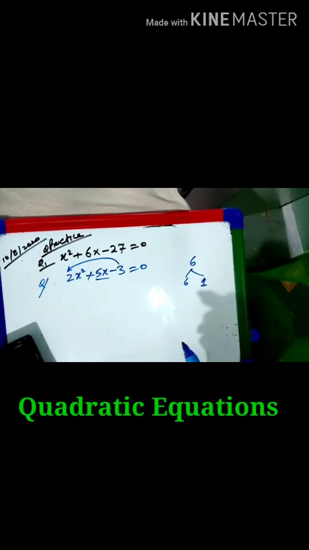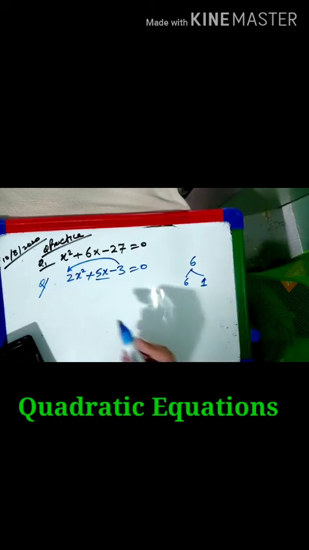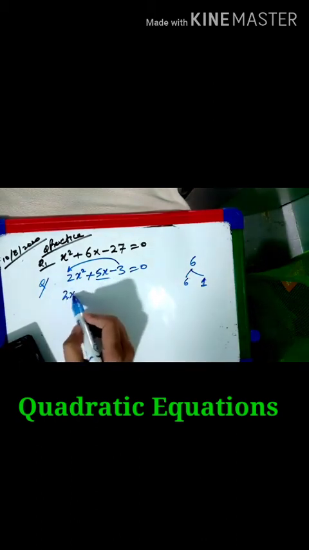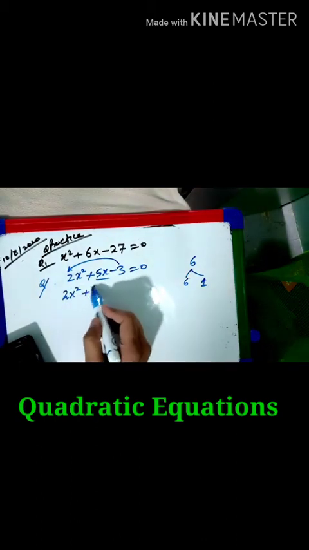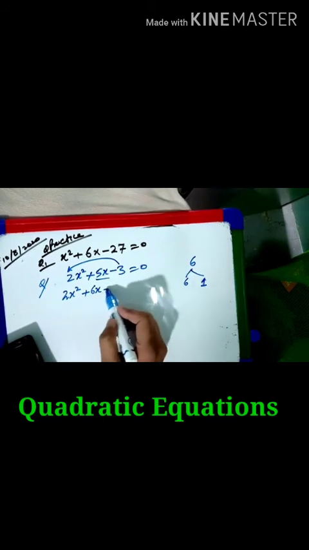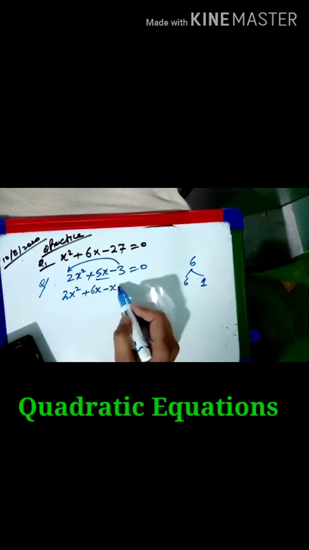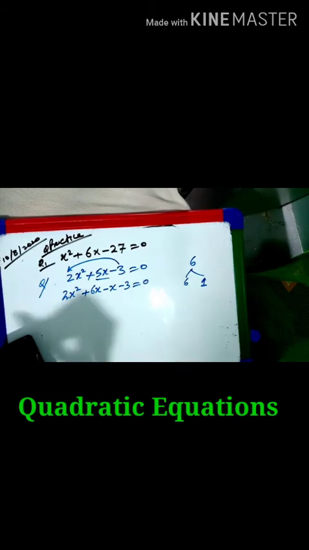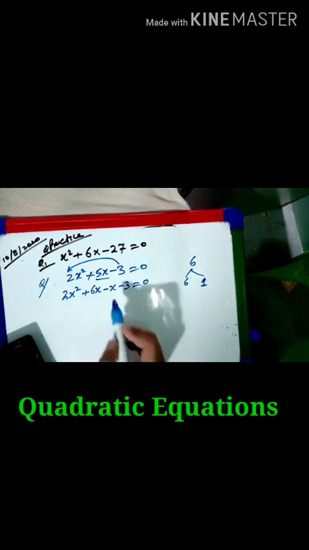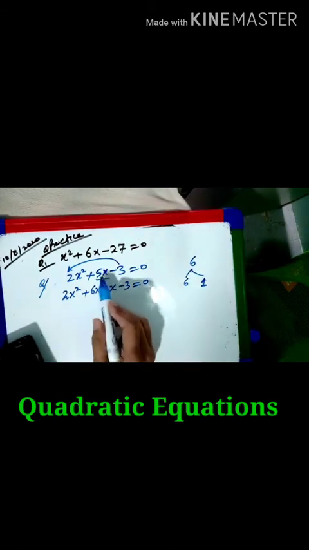But now I will balance the sign. I will take 6 as positive and 1 as negative. 1 means only x. So 2x square plus 6x minus x minus 3 equal to 0, because 6x minus x is 5x.